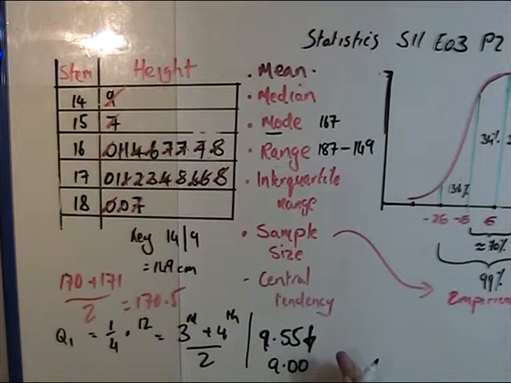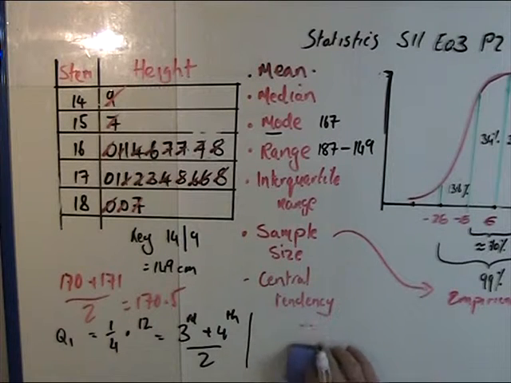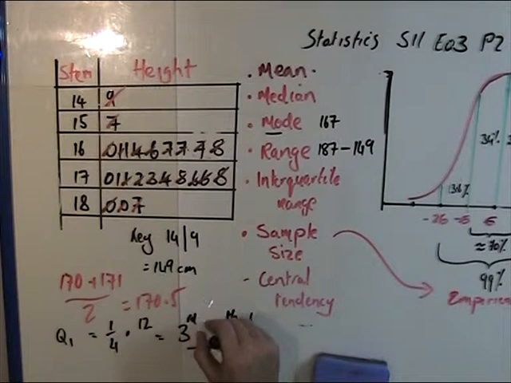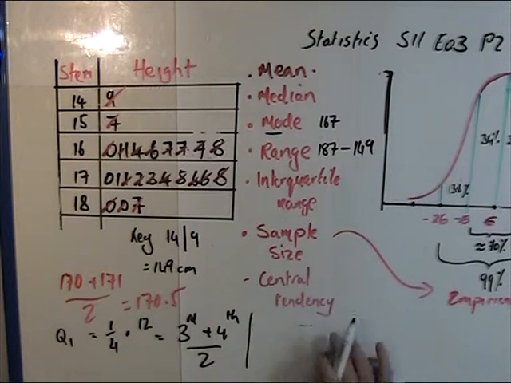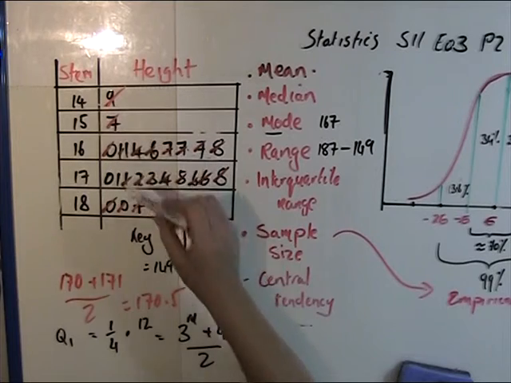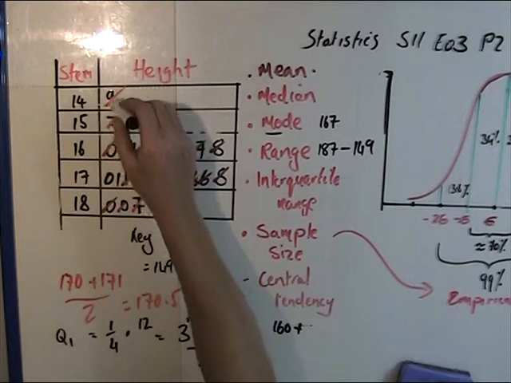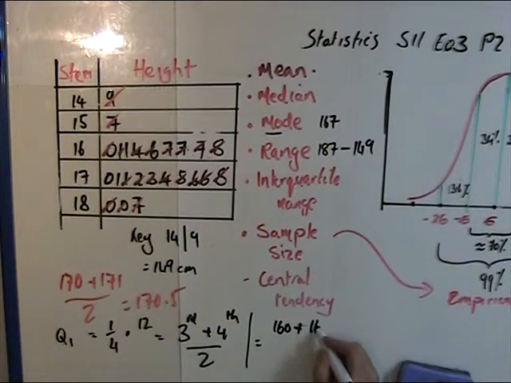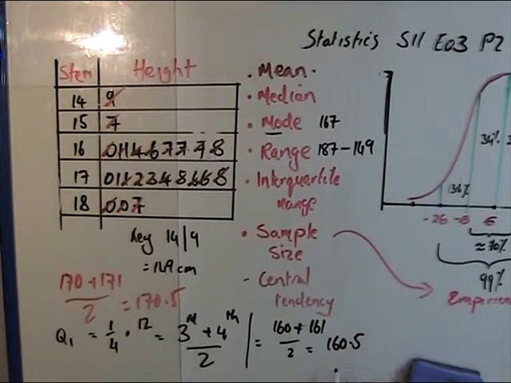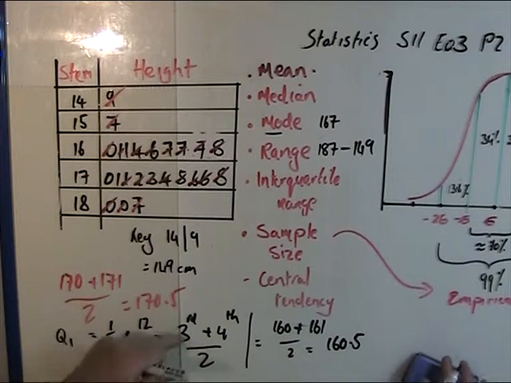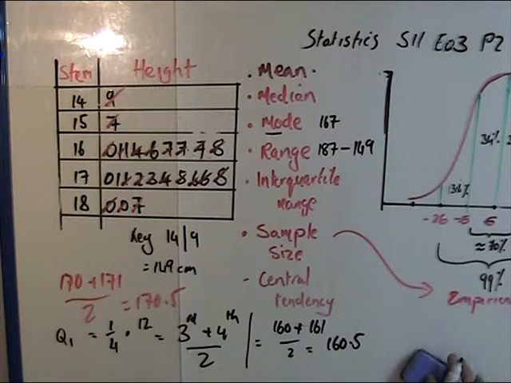So we put in our values on the third and the fourth. The third is 160, plus the fourth term, 161, and we divided by 2, we got 160.5, and that's it. You leave it at that. You don't round this down.